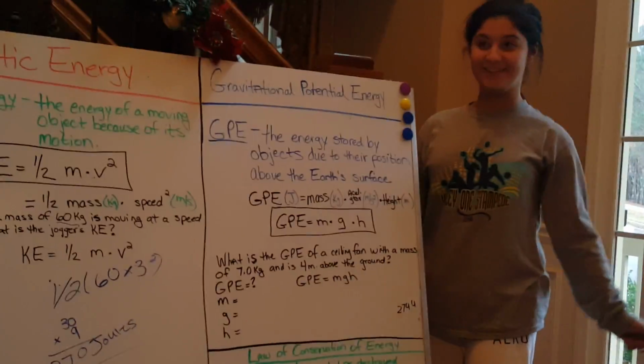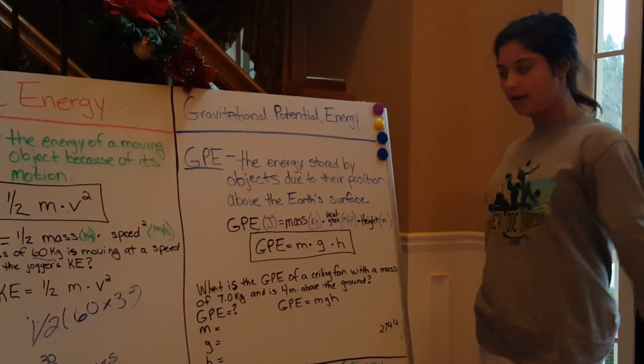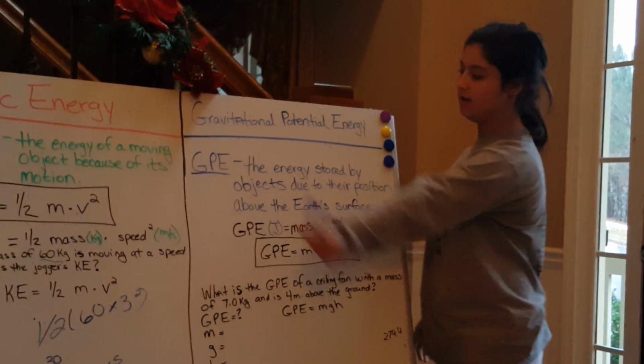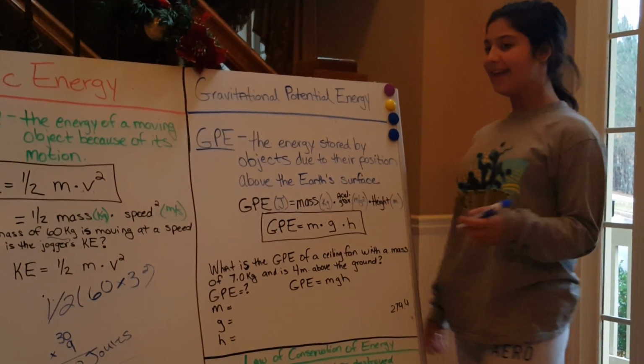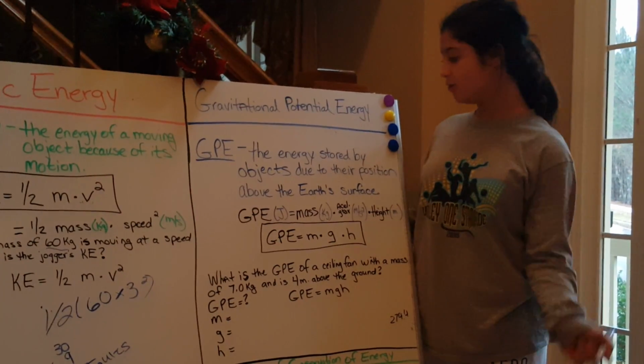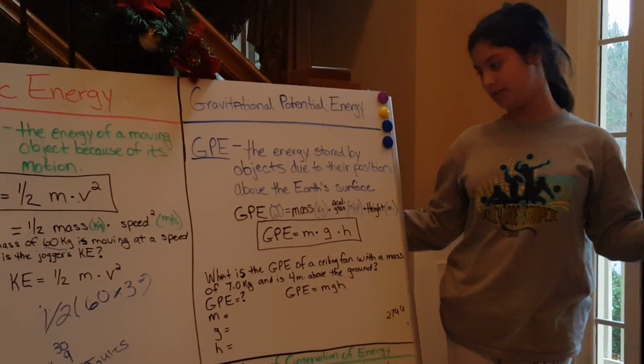Next thing, we're going to be talking about gravitational potential energy. To shorten that up, I just like to call it GPE. For those who don't know what that is, it's the energy stored by objects due to their position above the Earth's surface.